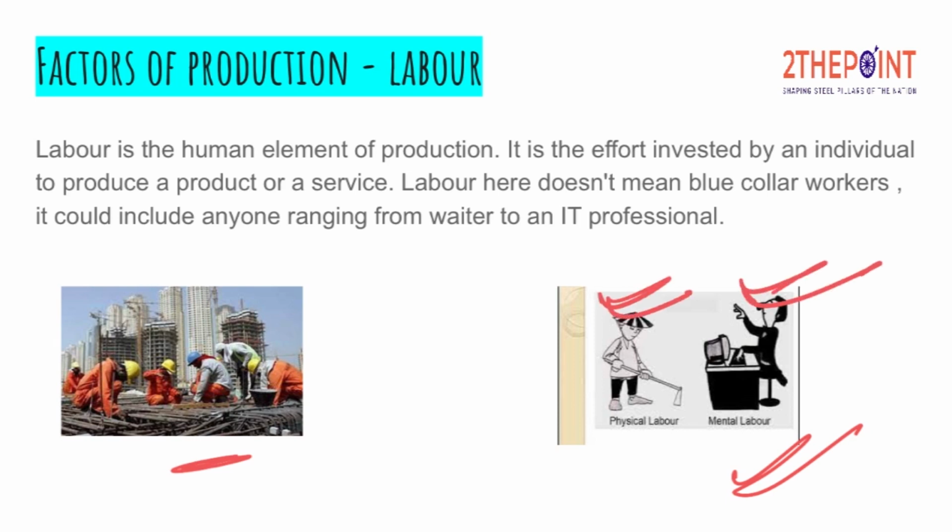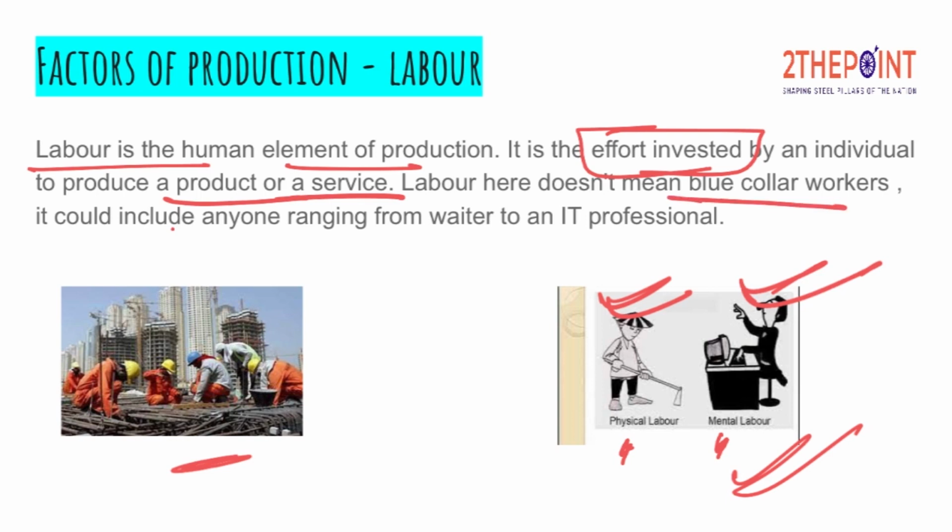So labor is the human element of production. It is the effort, physical or mental, invested by an individual to produce a product or a service. Labor does not just mean a blue collar worker, for example a farmer in a farm or a person at a factory site. It could be anything ranging from a waiter to an IT professional.